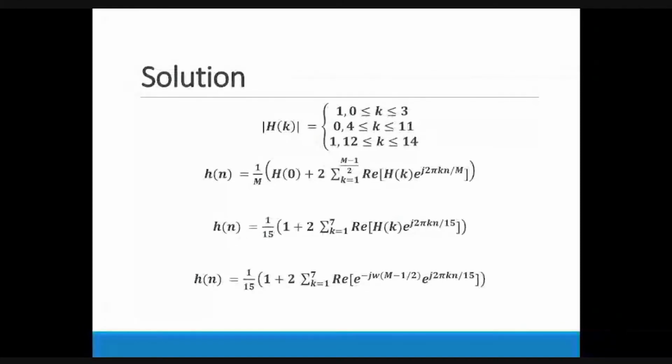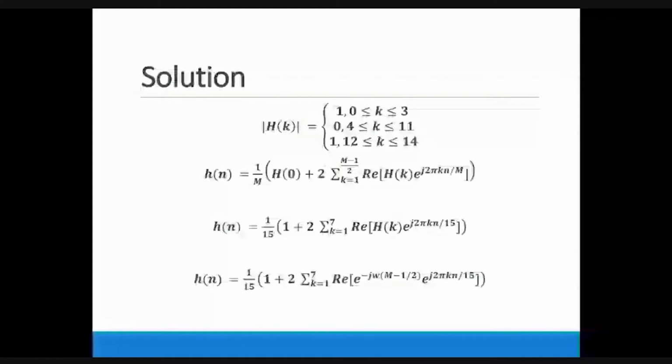So h of n is equal to 1 by 15, and in the bracket I am writing 1 plus 2 summation from k equal to 1 to 7, real part of H of k. Here we can represent this H of k by e raised to minus j omega M minus 1 by 2, into e raised to j 2 pi k n by 15.